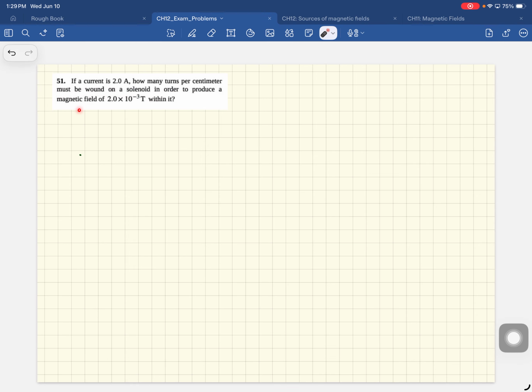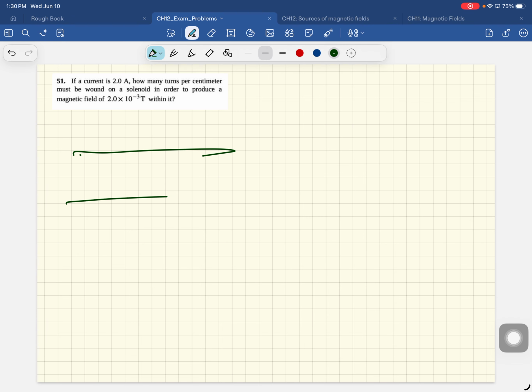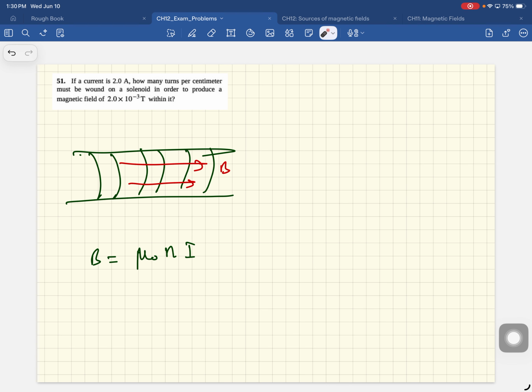A toroid has 250 turns of wire. So here's a donut, and we're wrapping wires around it. Let's say the current is flowing like that.